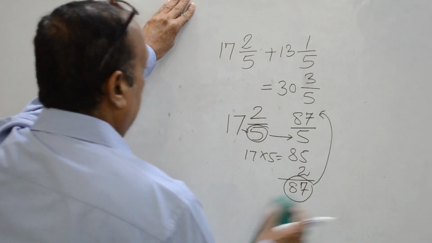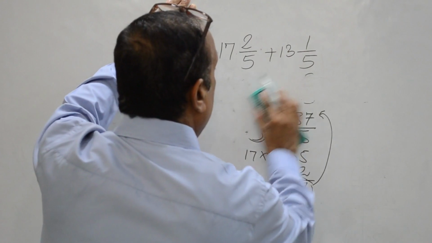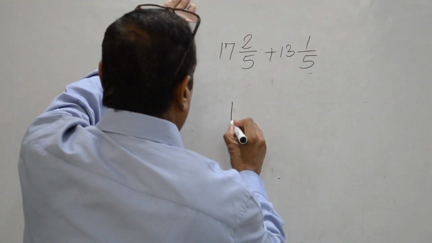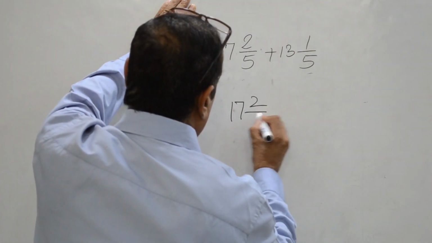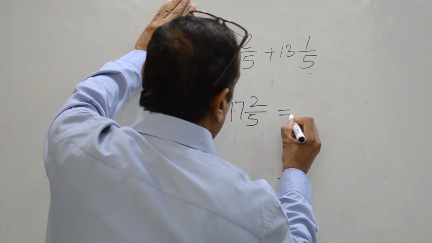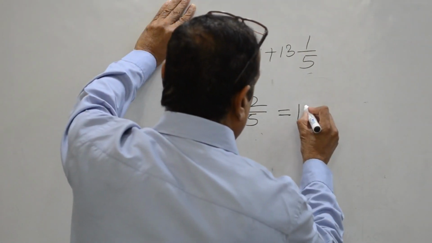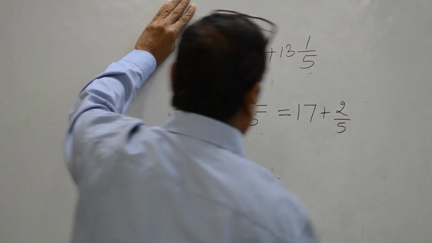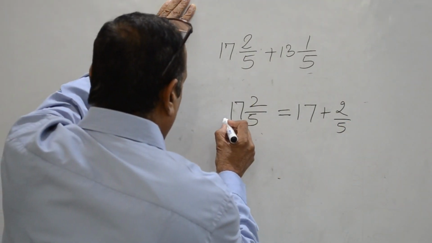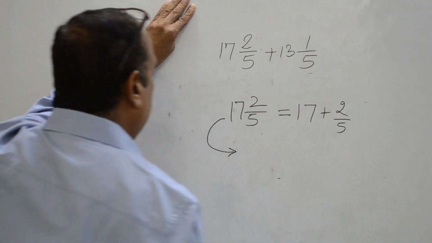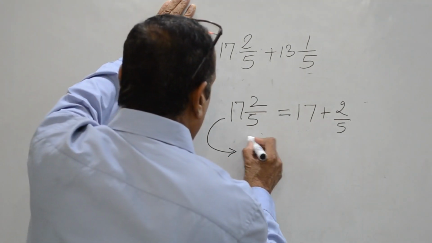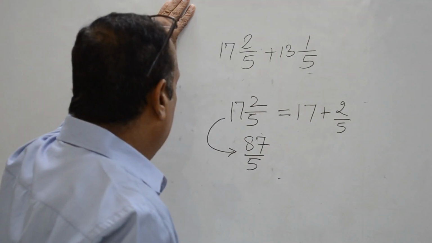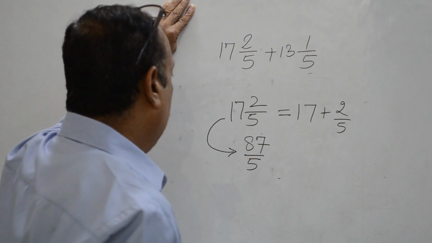Now, the second thing is 17 2 upon 5 is equal to 17 plus 2 upon 5. 17 2 upon 5 when converted into a fraction comes out to be 87 upon 5, as we have calculated just now.